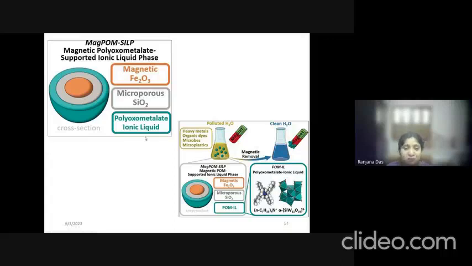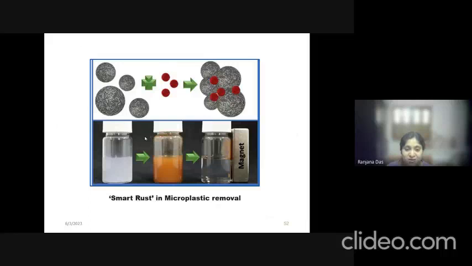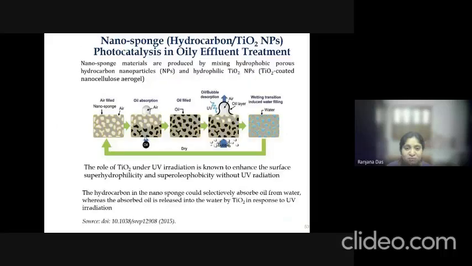As per the requirement, you have to design this, and by this, without any column preparation or column design, you can just use it in free mode. You just add it to the contaminated water, and after the reaction and separation are done, you just remove it by applying a magnet. This is also a smart application for microplastic removal.